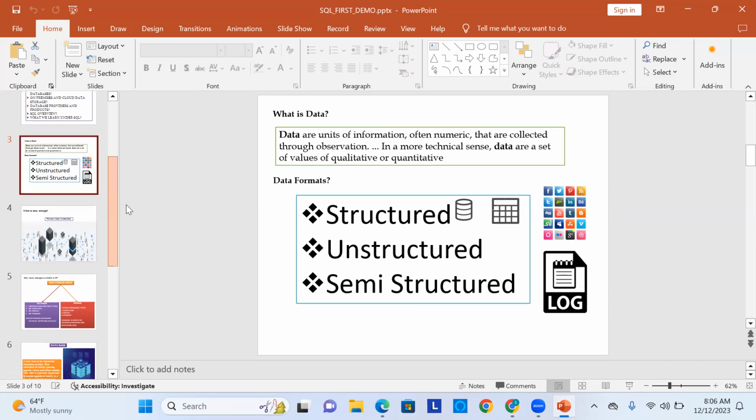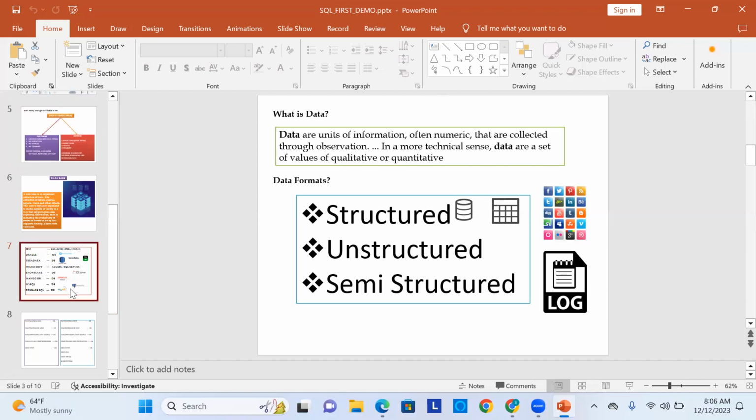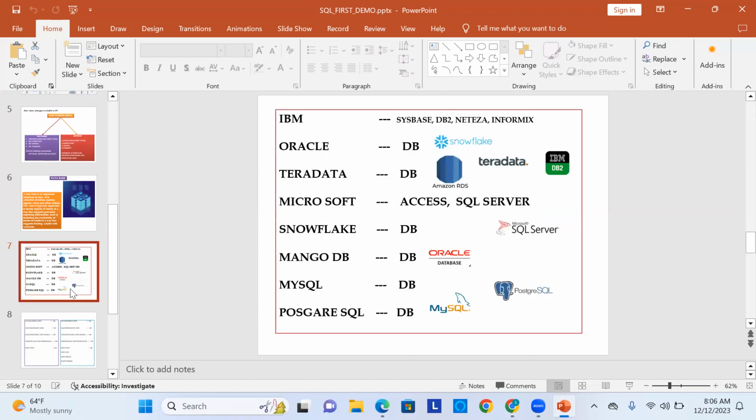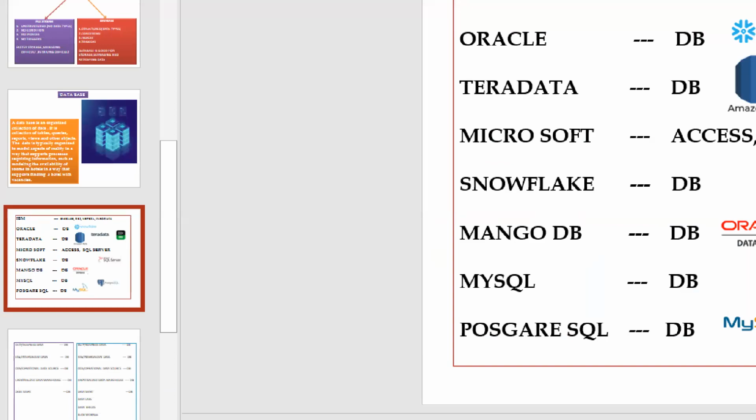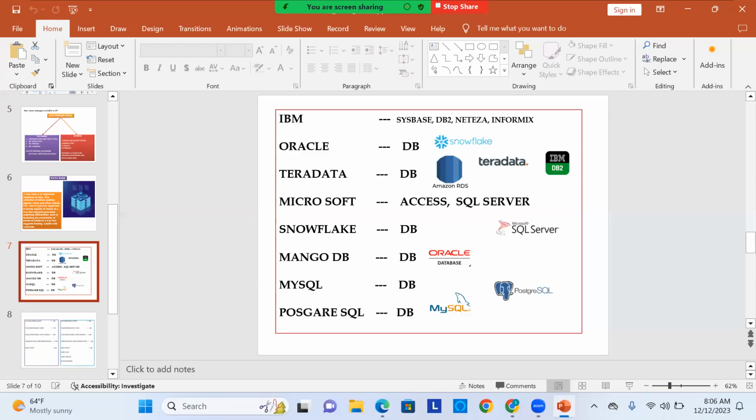Several databases are available nowadays. These are all familiar databases. Once you enter an enterprise, we can see maybe SQL Server or Oracle or Snowflake, DB2, Netezza, Informix. It is just like bikes and cars.